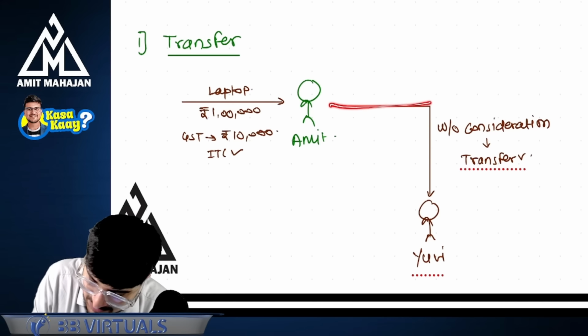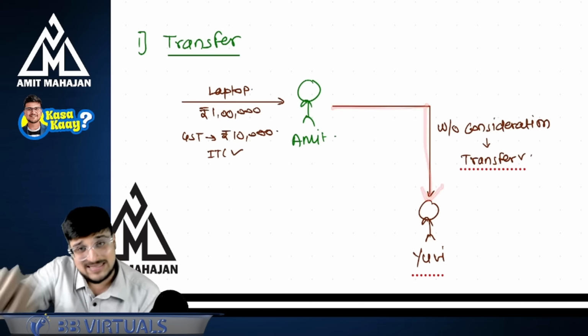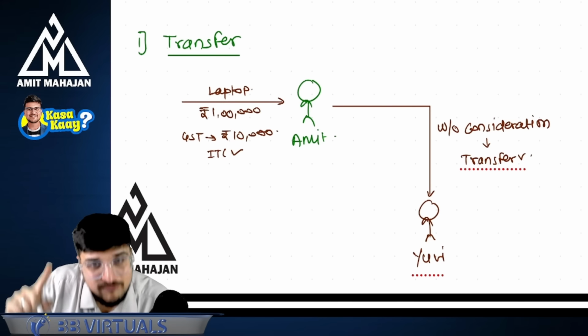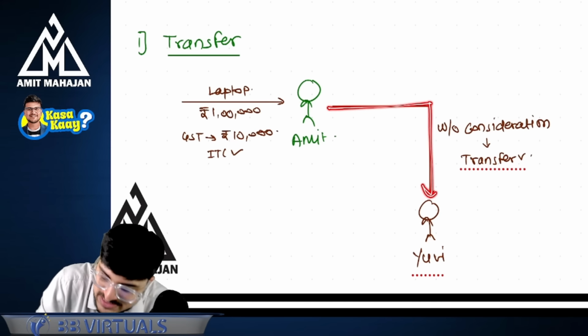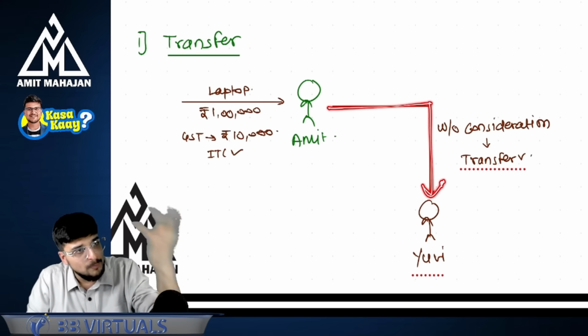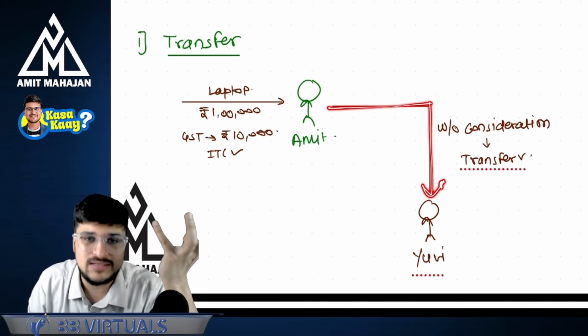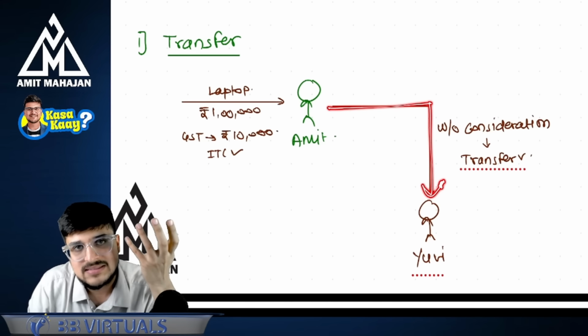So government is charging my outward supply as taxable, which means, as per valuation rules, Amit will have to pay GST on a value they identify. So for Amit, there is an outward tax and I have to pay it.